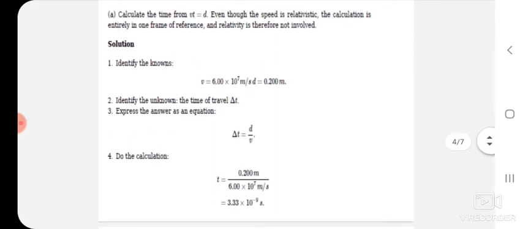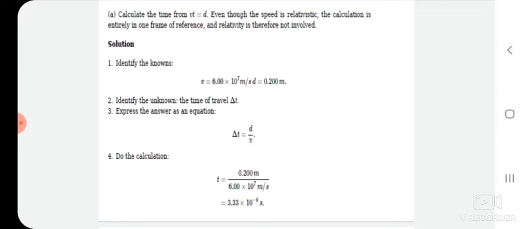Next, calculate the time from vt is equal to d, even though the speed is relativistic. The calculation is entirely in one frame of reference, and relativity is therefore not involved, means here the calculation is entirely based on one frame only, there is no other frame in this problem.